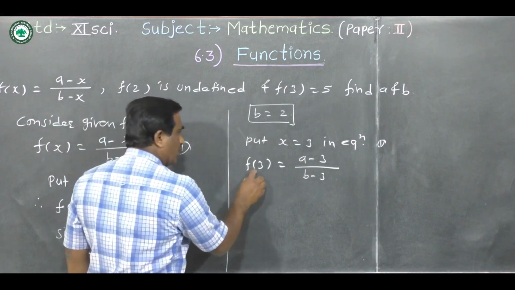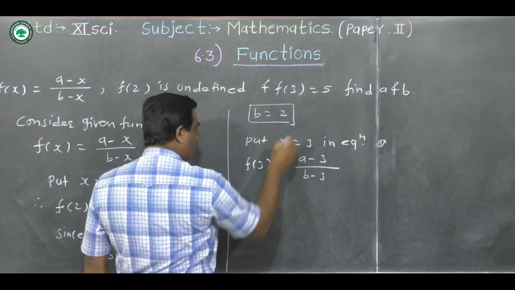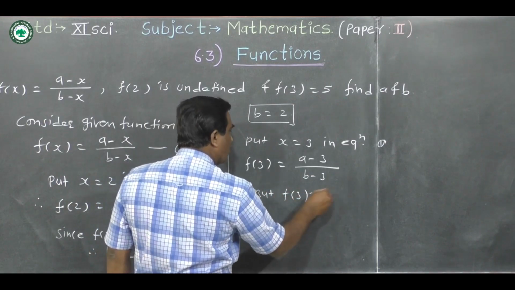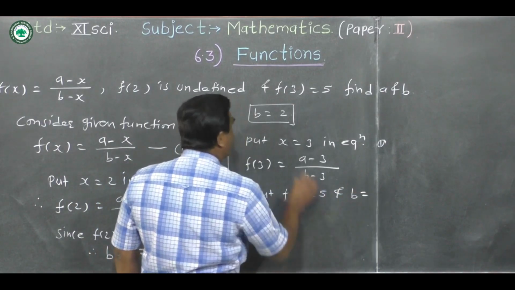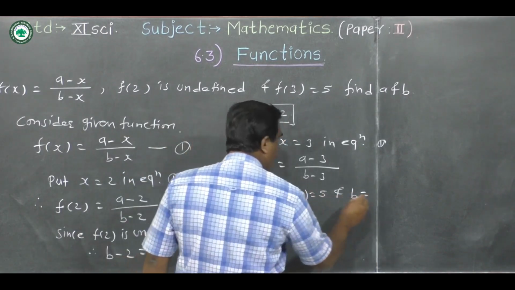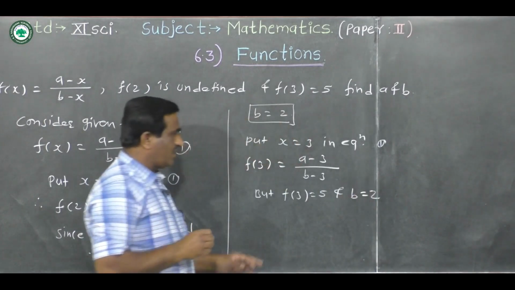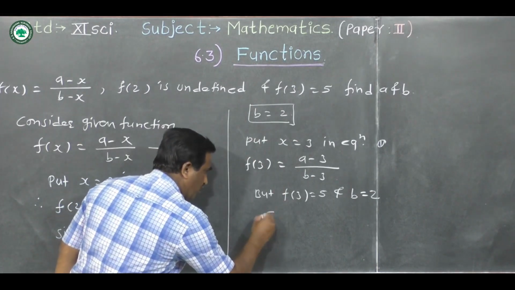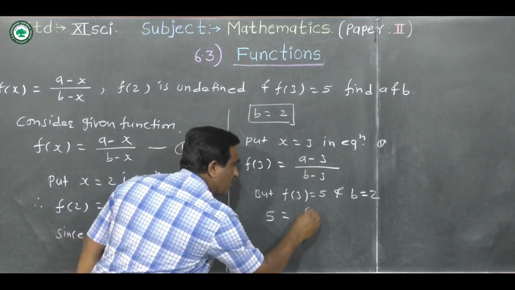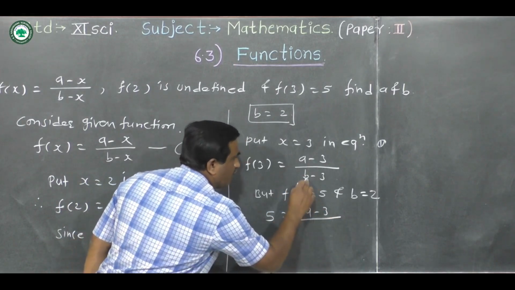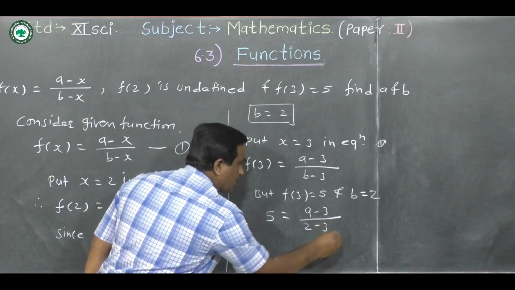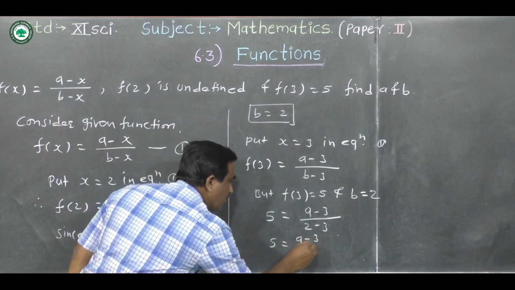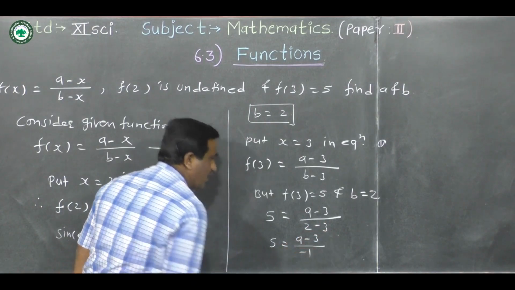But we are given the value of f of 3 is equal to 5, and b is equal to 2. Putting these two values here, we can write f of 3 equal to 5, a minus 3 as it is, b is equal to 2 minus 3. That is, we get here 5 is equal to a minus 3 upon 2 minus 3, means minus 1.